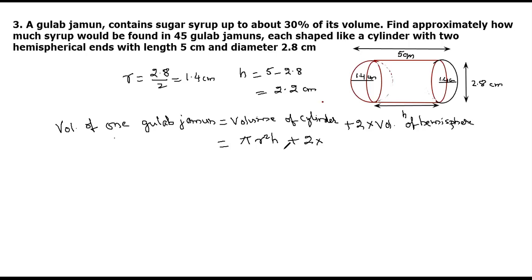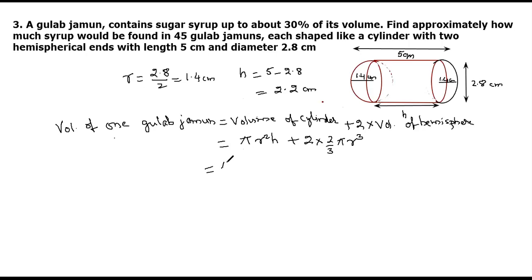Volume of sphere is 4 by 3 pi r cube, so for the hemisphere this will become 2 by 3 pi r cube. R is the same. This is the radius of the cylinder as well as the radius of the hemisphere, so that's why we are using small r.